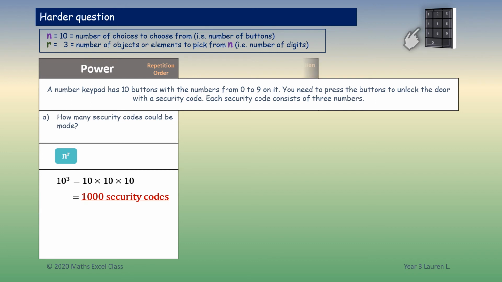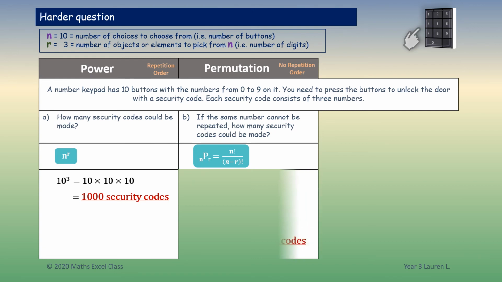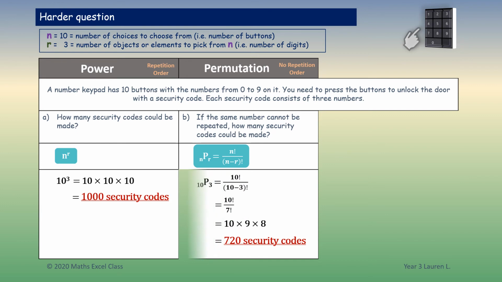Solving this question with permutation. Having no repetition unlike power, but having order. If the same number cannot be repeated, how many security codes could be made? The formula is n's factorial over n minus r's factorial. In this case, it would be 10's factorial over 10 minus 3's factorial, which equals 10's factorial over 7's factorial.